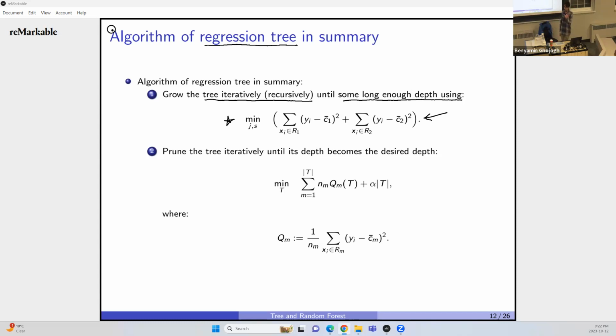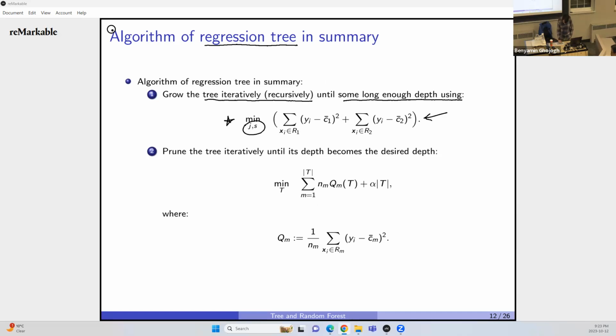Grid search basically means that you calculate this cost for different values of J and S and see which combination of J and S minimizes this. So you can do that. And you can change S with fine steps. The finer, the better, right? Of course, it's a trade-off between accuracy and speed. So grow the tree until some long enough depth using this.